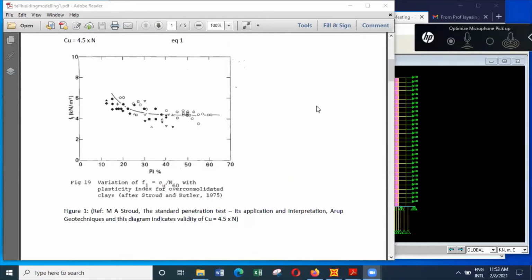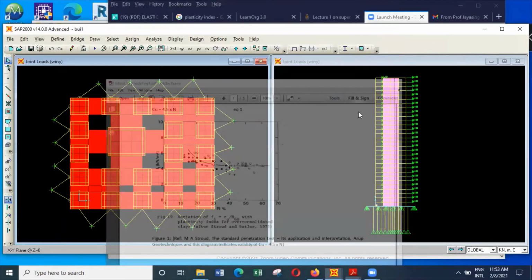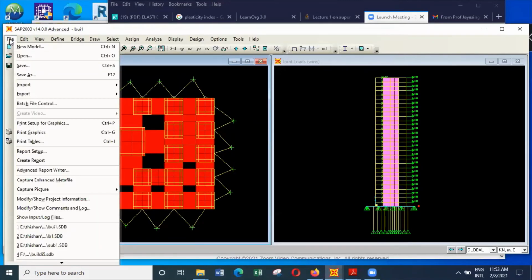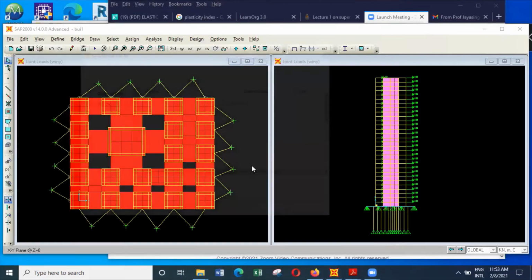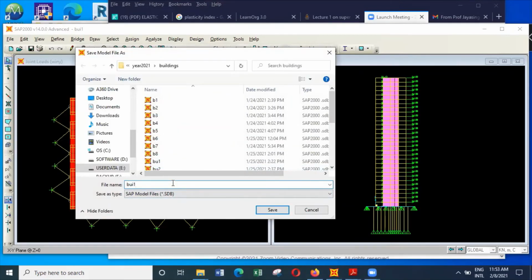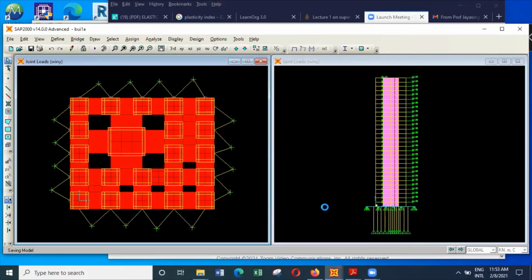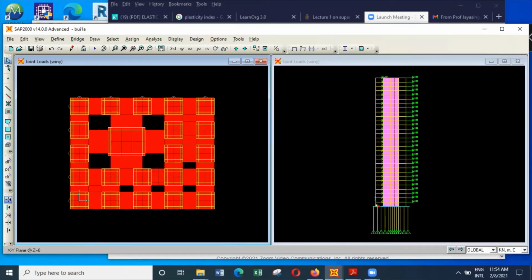And then what we do is, in the model, I'll save it as A. And first thing I have to do is I have to remove all these links.